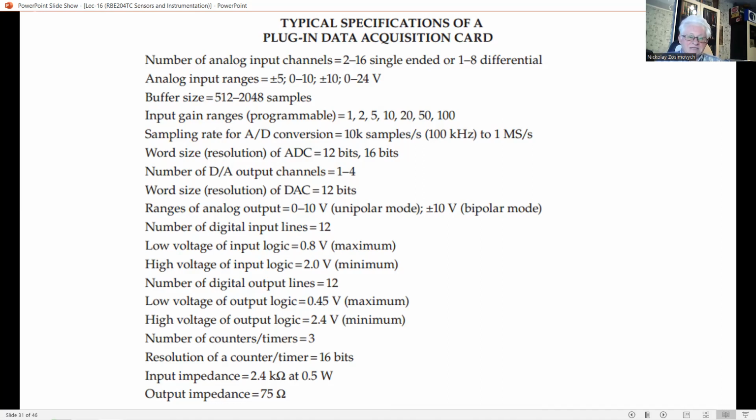When multiplexing is used, the effective sampling rate for each channel will be reduced by a factor equal to the number of channels. For example, if 16 channels are sampled simultaneously, the effective sampling rate will be 100 kHz over 16, which is 6.25 kS/s, giving a Nyquist frequency of about 3.125 kHz.